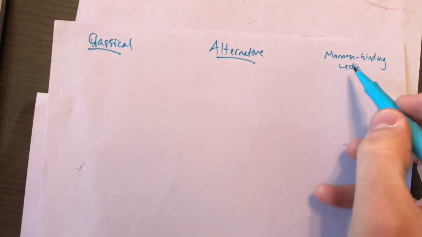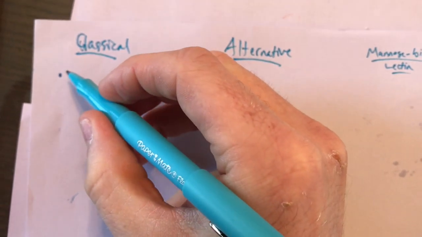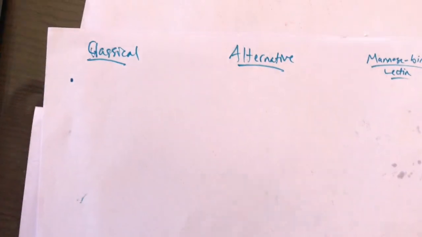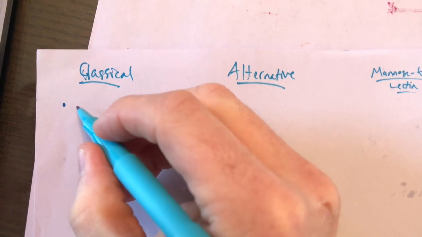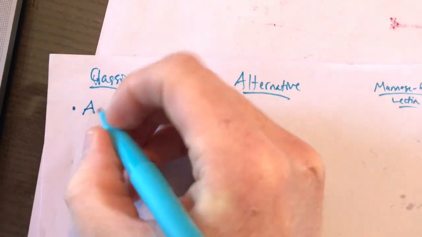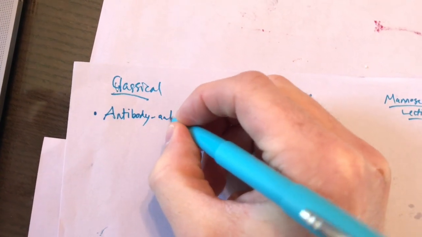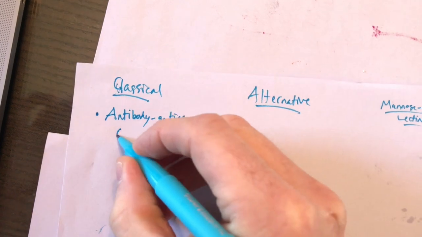So the classical pathway, let's separate these. So the classical pathway is activated by the recognition of antibodies, so antibody antigen complexes.